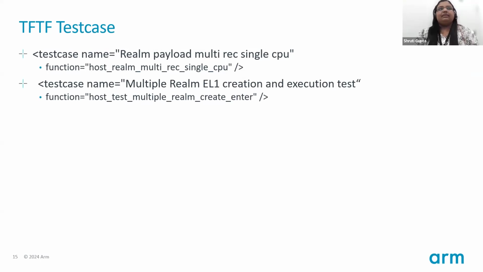Just as an example, we have these two test cases. This test case creates multiple recs, but all of these recs run sequentially on a single physical CPU. This particular test creates multiple realms, and both the realms are executed in parallel.